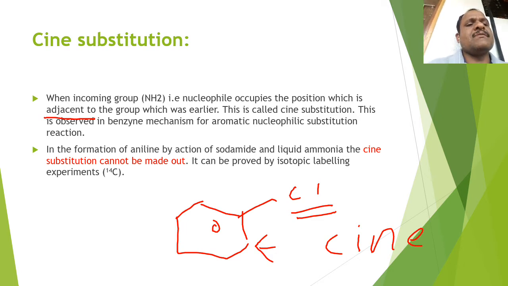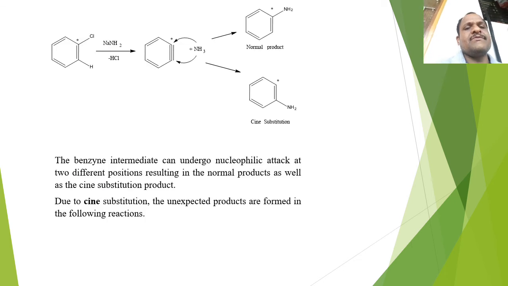The question may be raised in your mind, how can we judge that there is no cine substitution in the formation of aniline? This can be understood with the help of a technique called the isotopic labeling technique. What is the isotopic labeling technique? You can see that here.